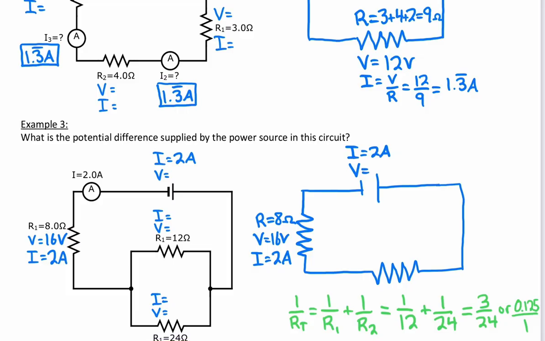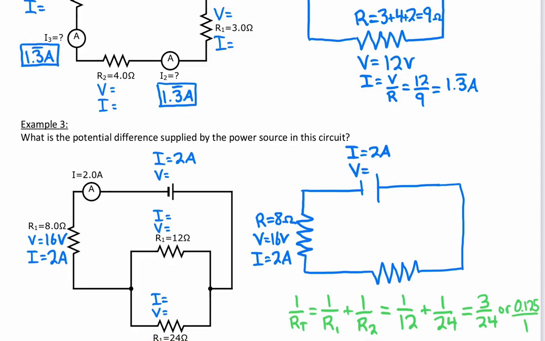And so a reminder though, that is not our total. 3 over 24 or 0.125 are not equal to our total. They're equal to 1 over our total. So to find our total, I'm going to have to flip those numbers. So if we write this again, taking the 0.125, I've got 1 over our total equals 0.125 over 1.